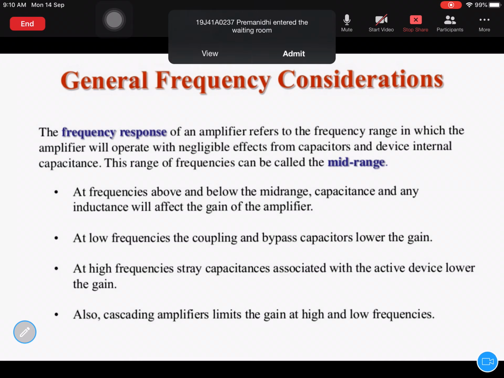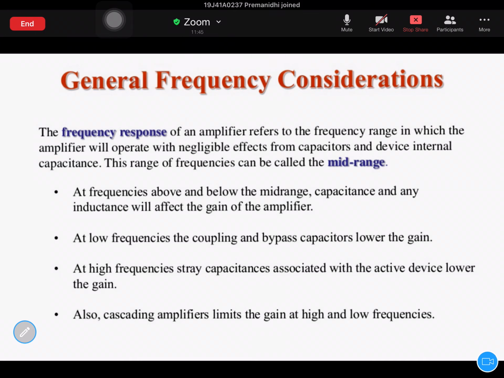In the active region it always operates like an amplifier. If you do not make the emitter base junction forward biased or the collector base junction reverse biased, it will never act like an amplifier.